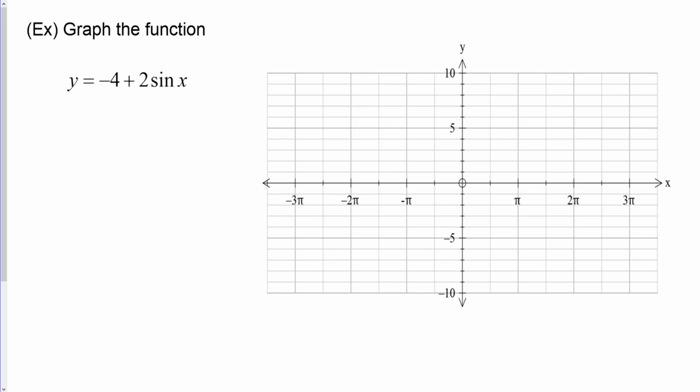Now let's graph a few functions. So let's graph the function y equals -4 plus 2 sine x. In order to graph it, we have to determine what's happening with all the different changes.